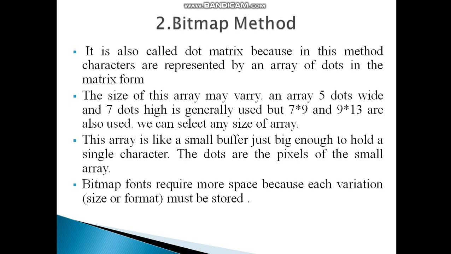In the bitmap method, where there is a path of A, those pixels are displayed. If you increase the font size, then you have to increase the array of pixels. So bitmap method is also called a dot matrix because in this method characters are displayed by an array of dots, that is in matrix form.